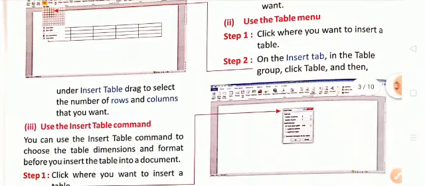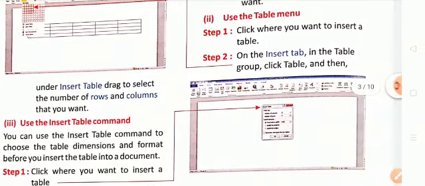Now the third method is to use the insert table command. In this method, we can use the insert table command to choose the table dimensions and format before you insert the table into a document.